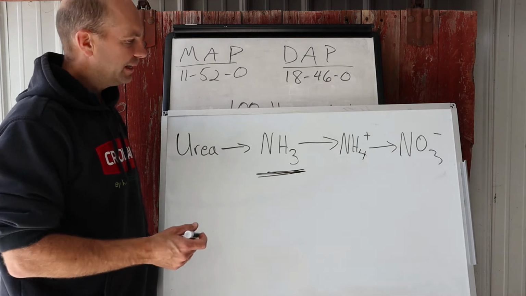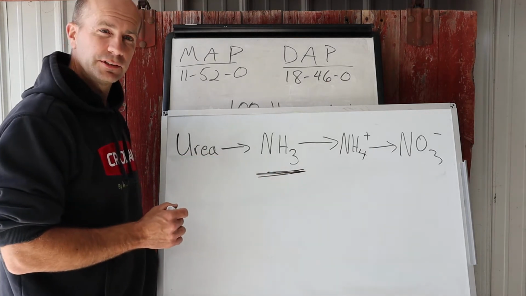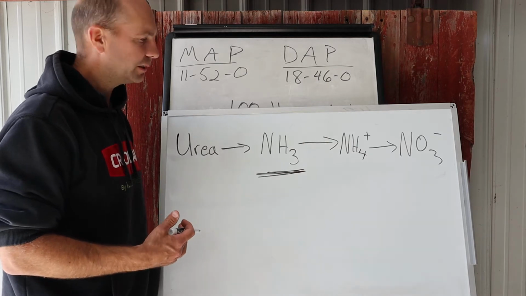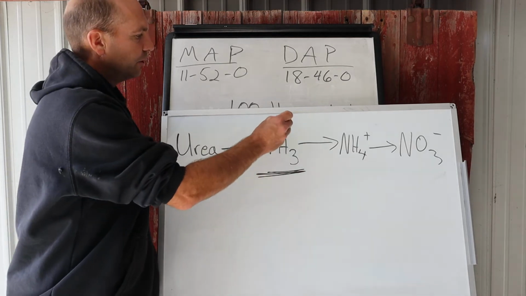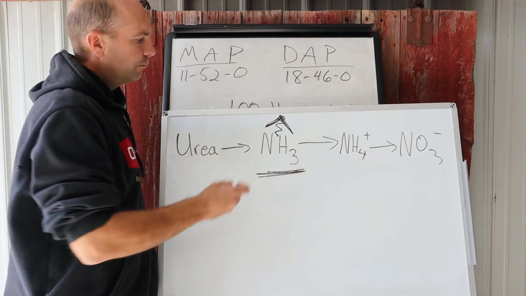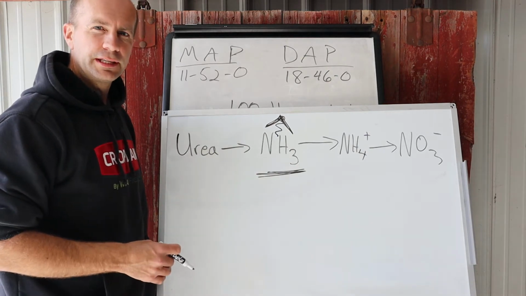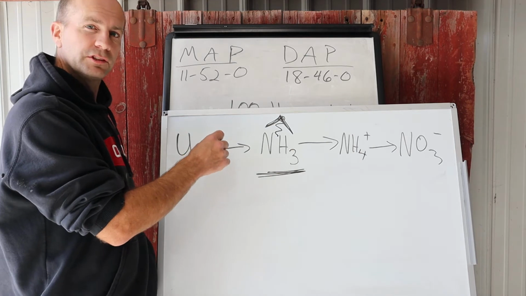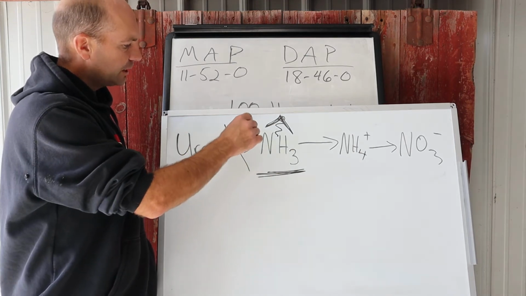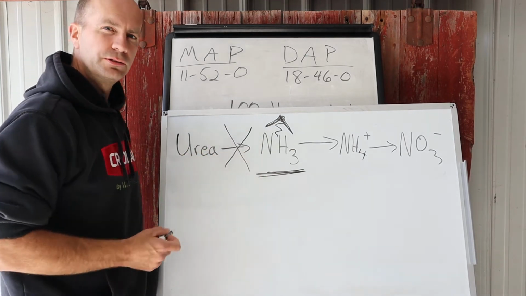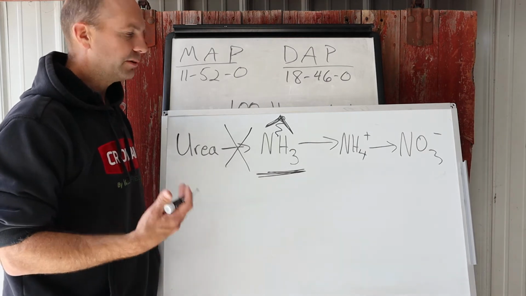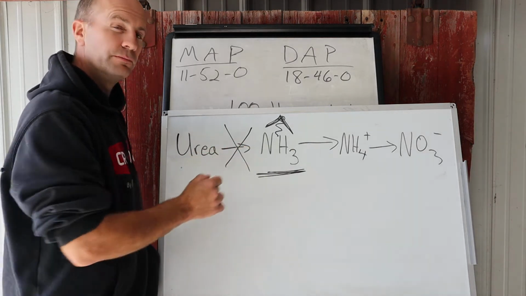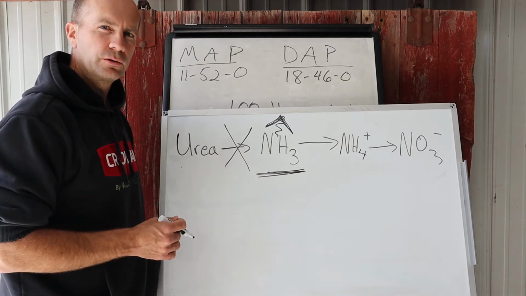It's a gas, and if this urea is laying on the surface, or in anhydrous ammonia's case, if we don't get good sealing behind the knives, this ammonia goes up into the air. We call that ammonia volatilization, and it can be lost. If we are putting out urea, this is where we talk about stabilizers to slow down the conversion of that urea to ammonia. Agrotain or Anvil are products that are going to slow that conversion of urea to ammonia, buying you more time to get it incorporated.